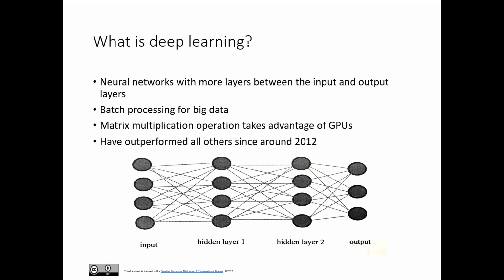So what is deep learning? Just to wrap up, deep learning is a neural net, but with multiple hidden layers. Whereas a neural net would have this view where this is the input, this is the output, and you're learning something there, right?